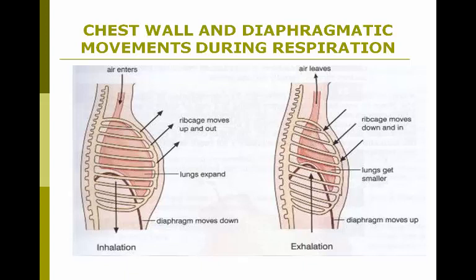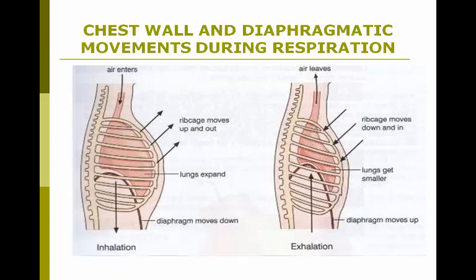Alright, now in order for the inhalation to occur, the pressure inside the chest, the thoracic cavity, has to decrease below what the pressure is in the atmosphere. If the pressure inside the thorax remained the same as it is outside, then nothing would happen. There wouldn't be any air moving in or out. So in order to generate this negative pressure, the diaphragm is going to move downward, and you see the arrow there on the left.